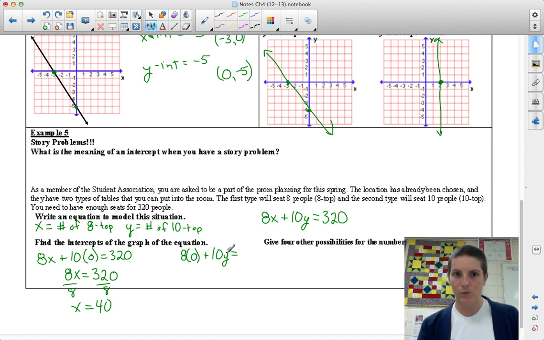That's what y stands for, number of tables that seat 10 people, so that I get 320 people seated. So 10y is equal to 320. Divide both sides by 10 so that y is equal to 32. Those are my two intercepts.